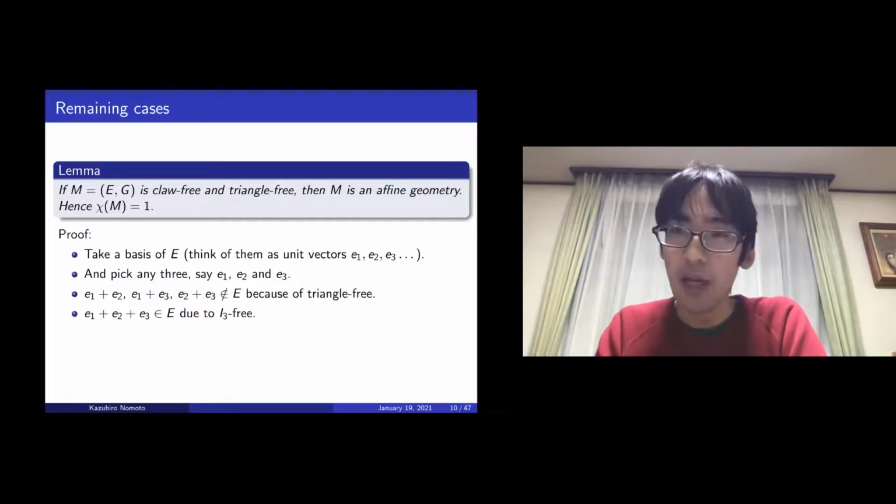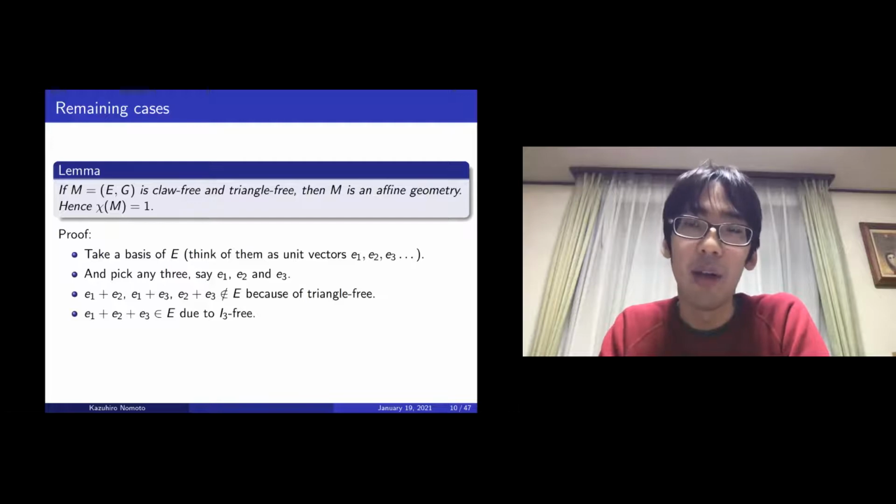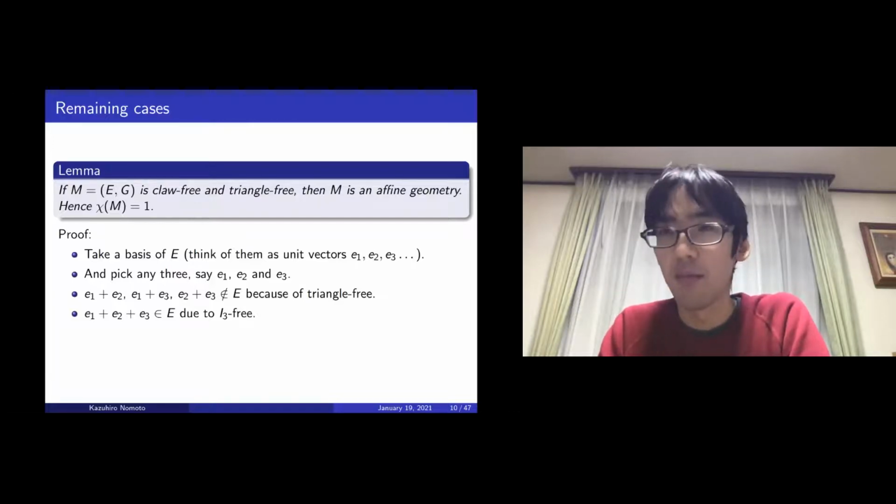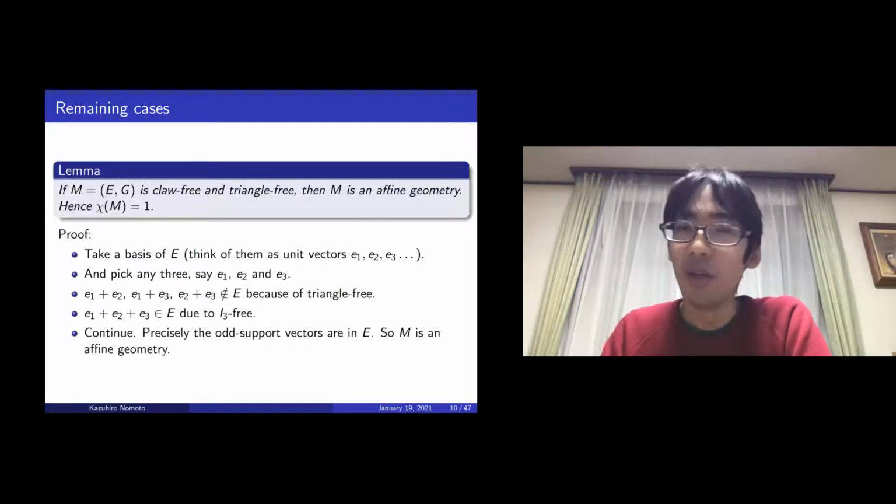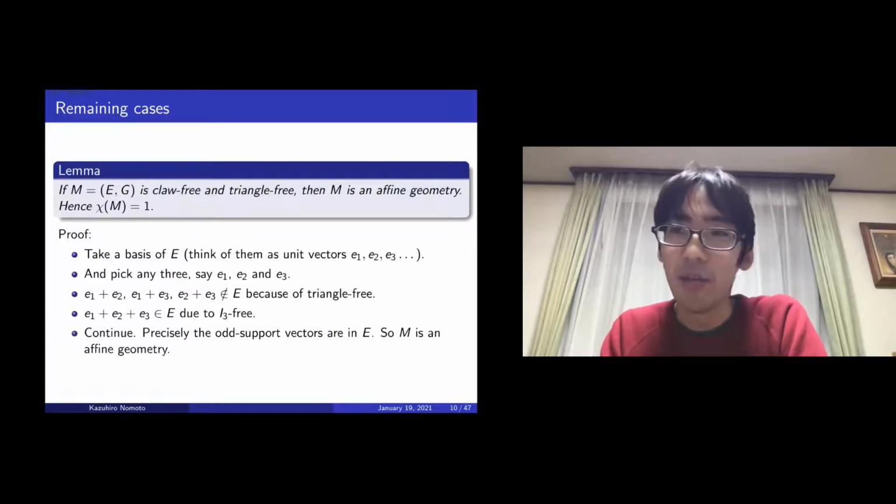Once you know that, then you also know that E1 plus E2 plus E3 has to be an element because of claw freeness. You can just keep on doing this. You can take any 3 elements and do this. Then you have some information about all the support 3 vectors, but then you can use them and repeat the argument.